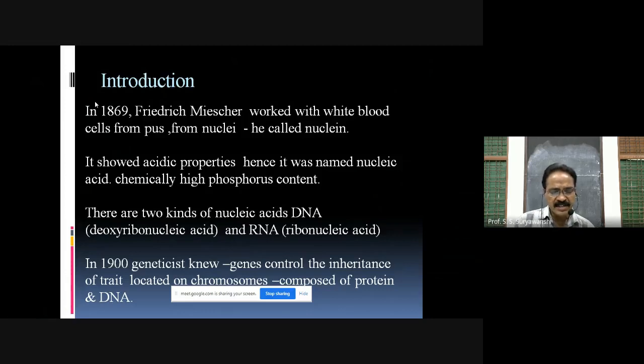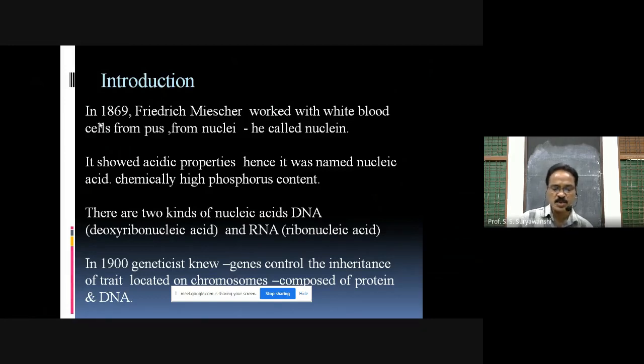In 1900, many scientists worked on genetics, so they are called geneticists, and the factor, that is DNA, which is called a gene, controls inheritance and is located on the chromosome, which consists of a large amount of protein and DNA.